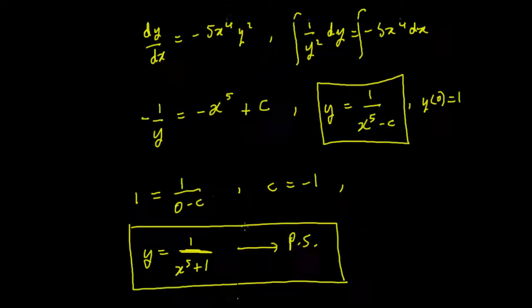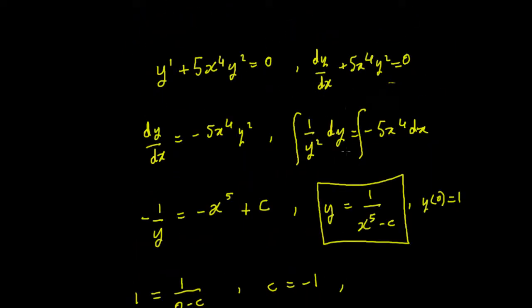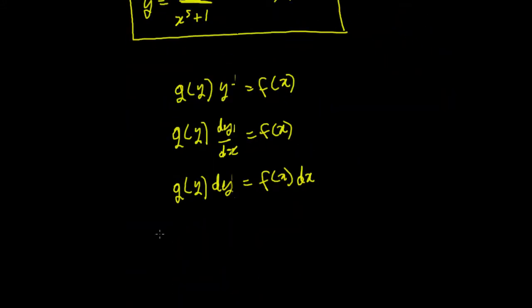Then we took the integral of both sides, so we integrated g of y dy and f of x dx, and once we'd done the integration we'd have been left with the constant c at the end.